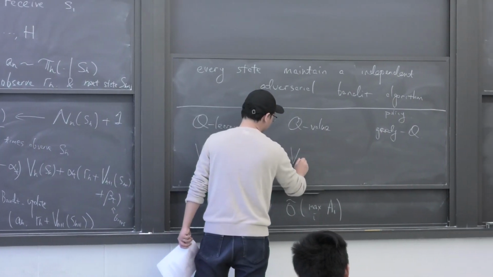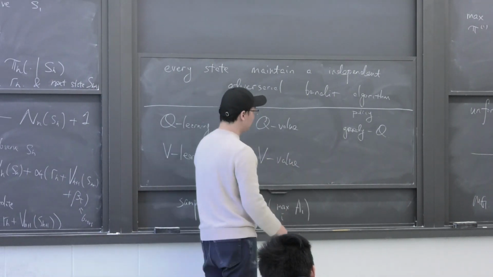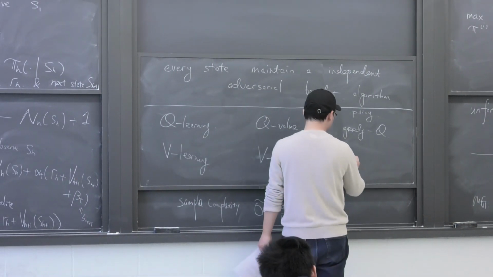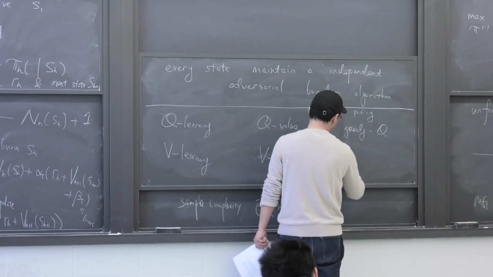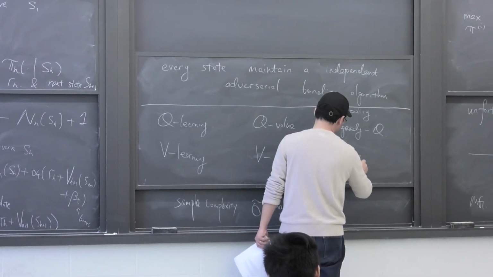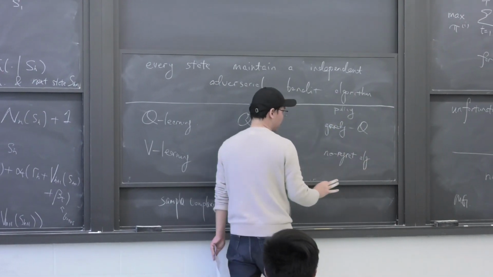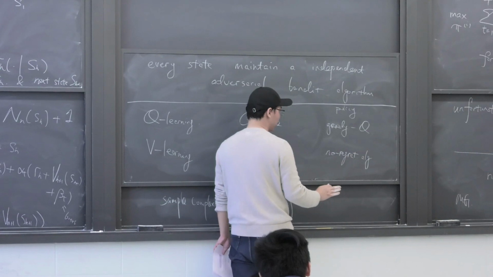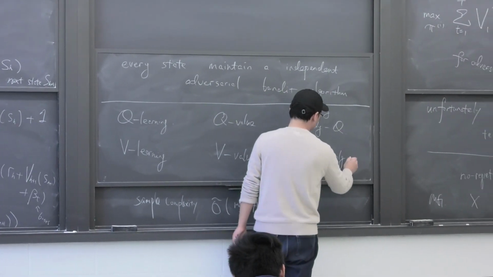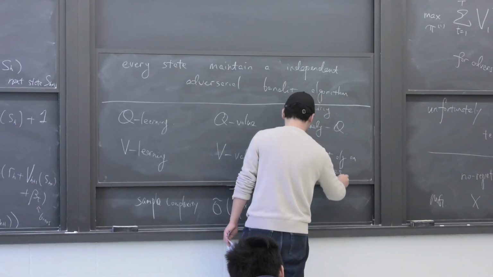We only maintain a V value. So we are slightly weaker. We can no longer take the greedy action. So what we will do instead is run an adversarial bandit, or no regret, algorithm. This is a state-wise no regret algorithm. It's not overall Markov game no regret, but a state-wise no regret algorithm on states to compute the policy.